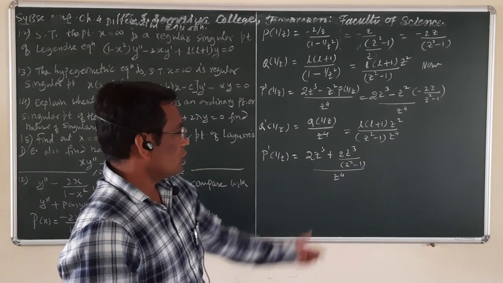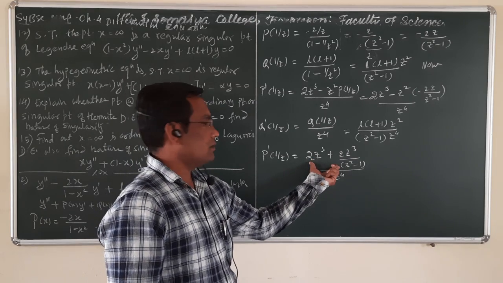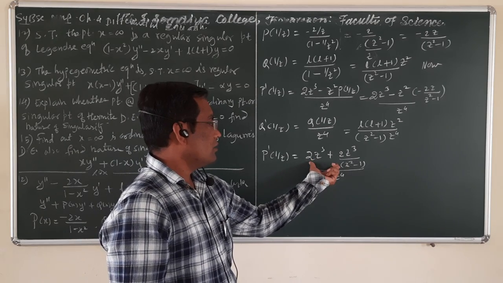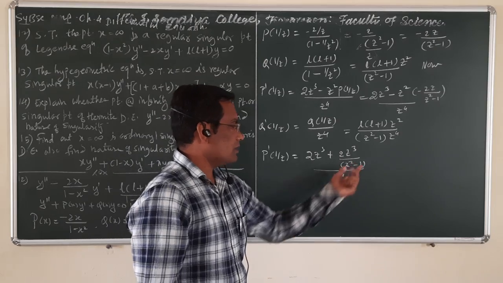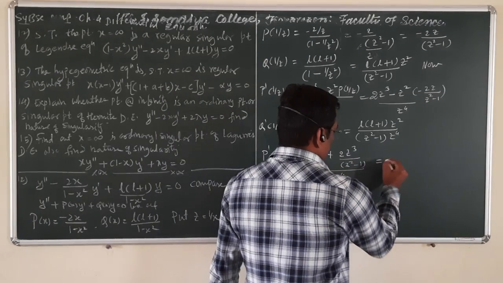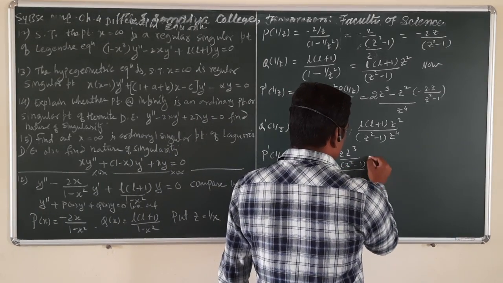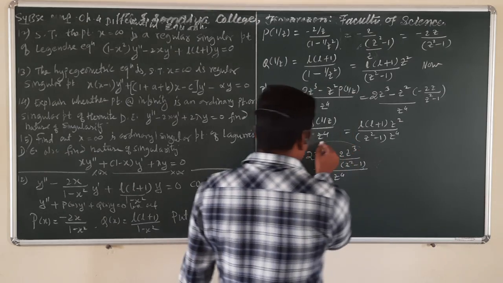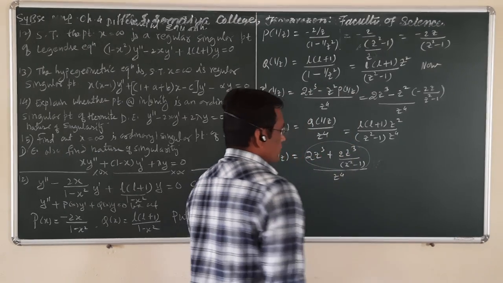Okay, so we can simplify this further. That will become, by cross multiplication in the numerator. First of all, we will solve this numerator.